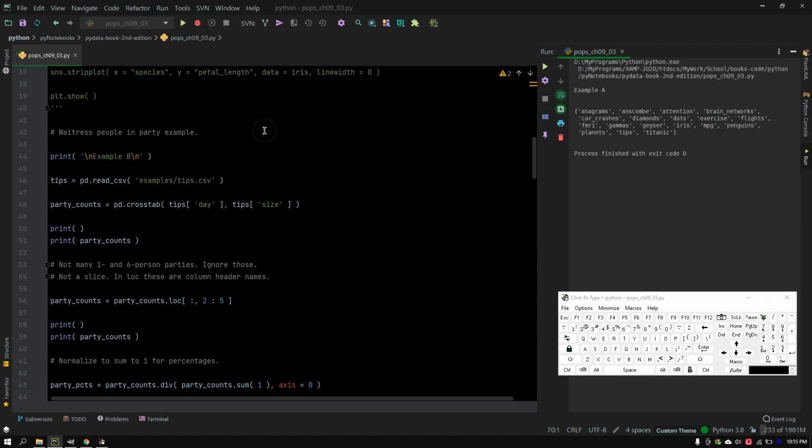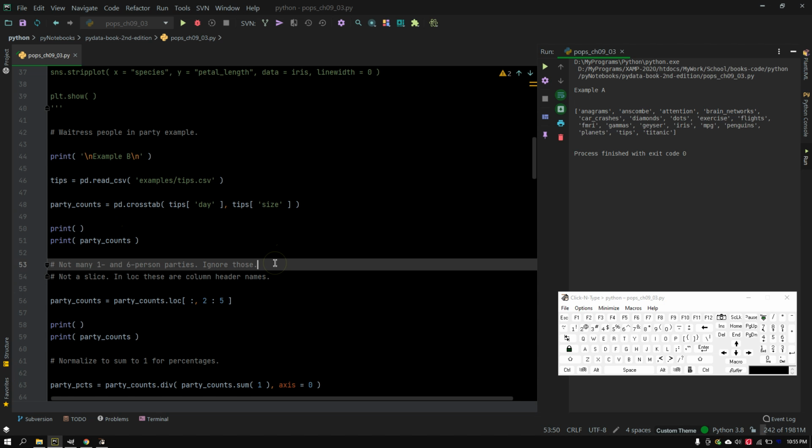A cross tab will give us a two-dimensional cross tabulation between the days and the size of the party. And we call that, it's a pandas data frame called party counts.